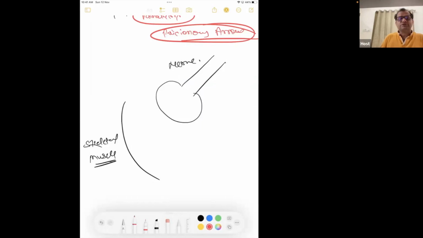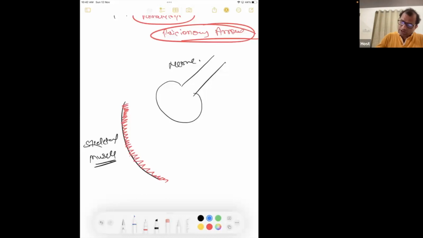But as soon as these poisonous chemicals go into the human body or the animal body, they block this path. They block the path to the skeletal muscle.